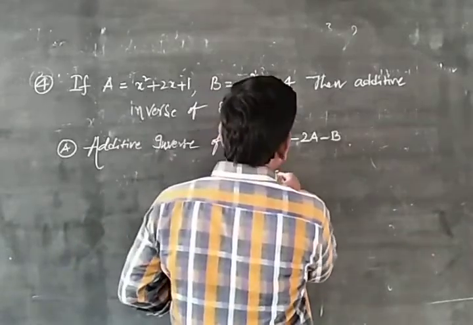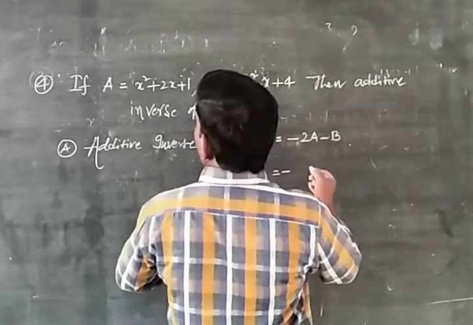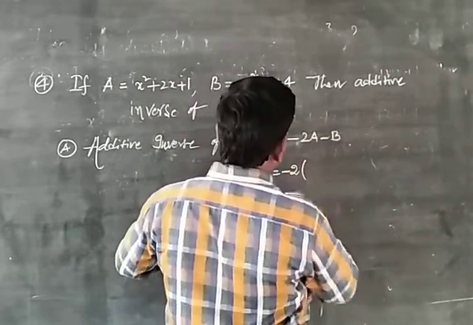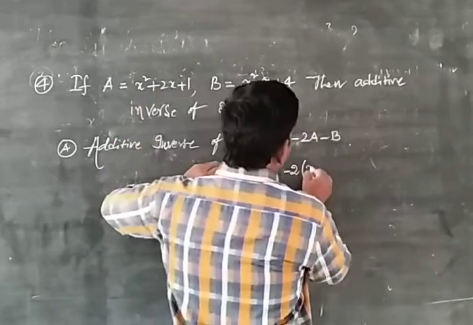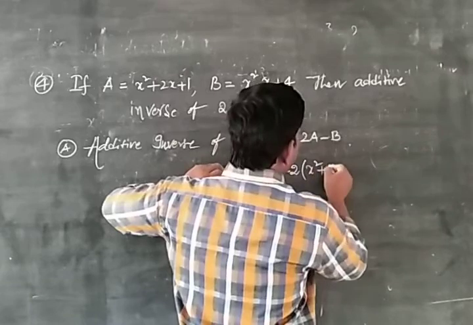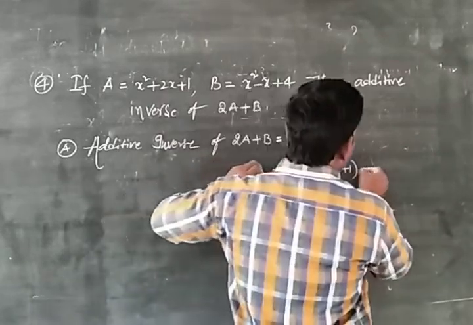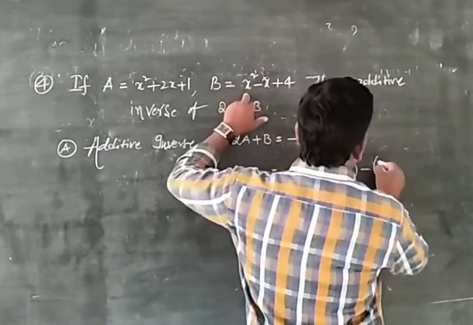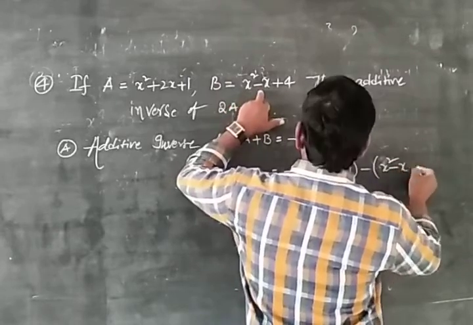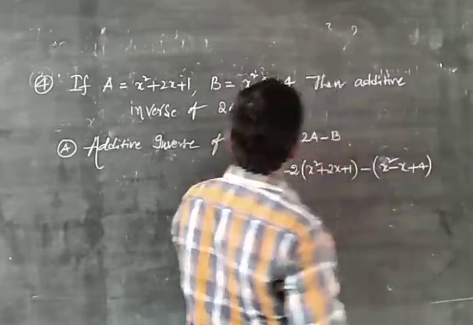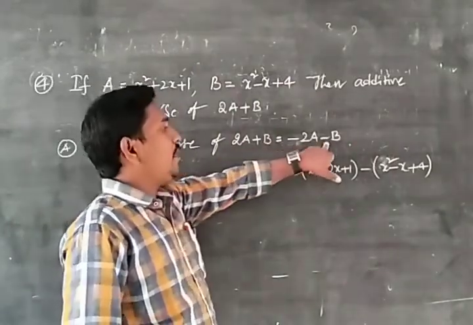Now minus 2 into a, that is x square plus 2x plus 1, minus b, that is x square minus x plus 4. The additive inverse of 2a plus b equals minus 2a minus b.